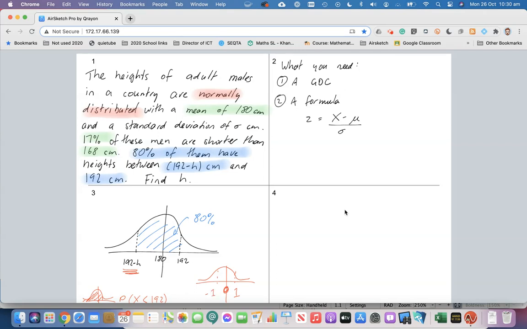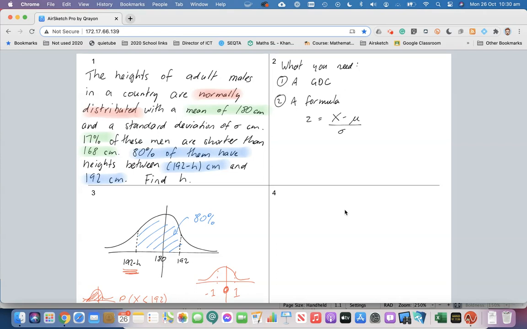So in other words, 1 unit away from a mean of 0 will be here, and 1 unit away from the mean of 0 will be here, and so on. So the standardized normal distribution allows us to make some links.